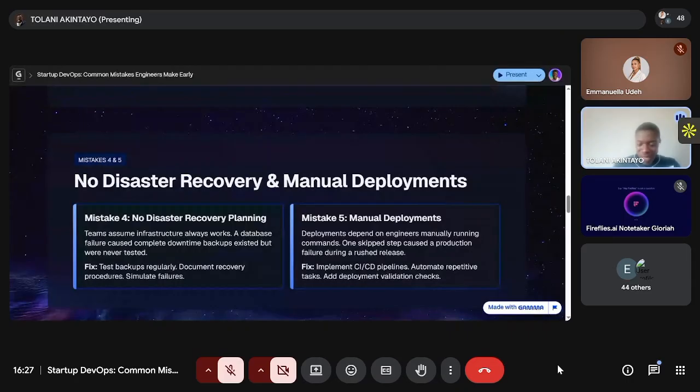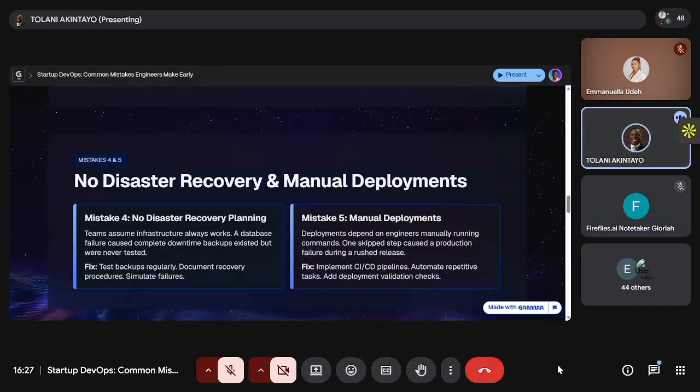So the fifth one is manual deployment, and this manual deployment is going to basically slow down the thing, and you want speed as much as possible, right? And another thing with manual deployment is that if you are running commands over and over again, there's a tendency of you making a mistake because you can forget a command, you can type something wrong.